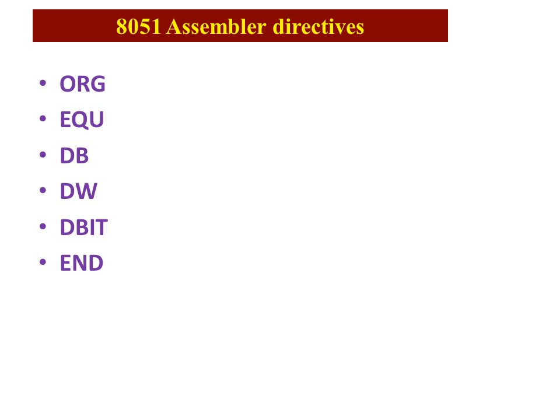ORG is nothing but originate. You can define your origin before you start writing your program. By default, your assembler will start at some address. If you want to give your own origin address, ORG is used. It defines the starting address for the program.